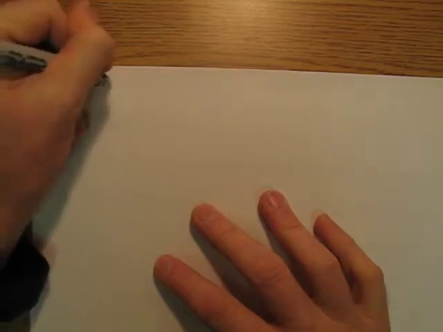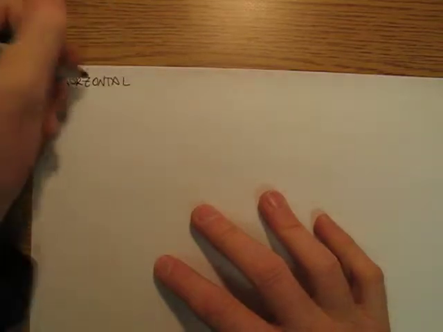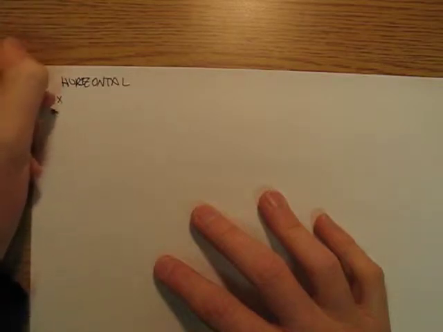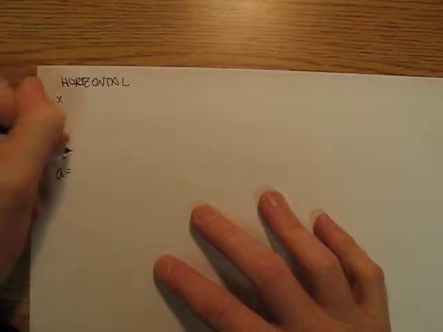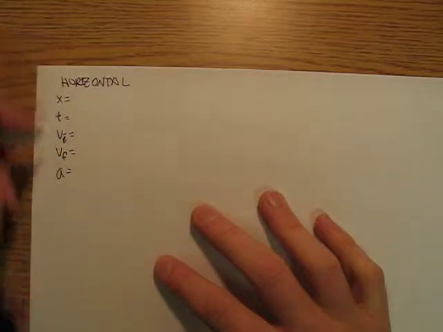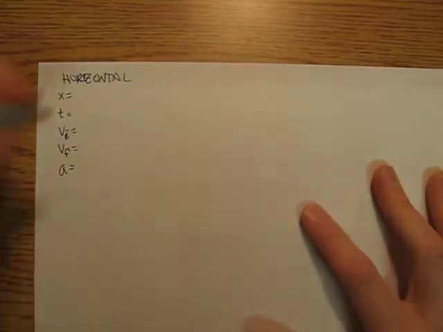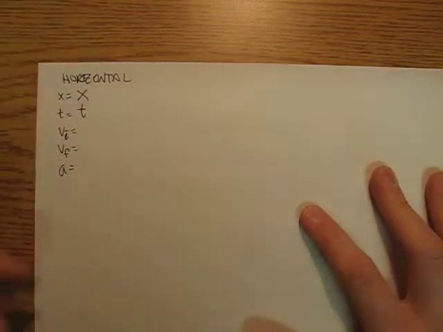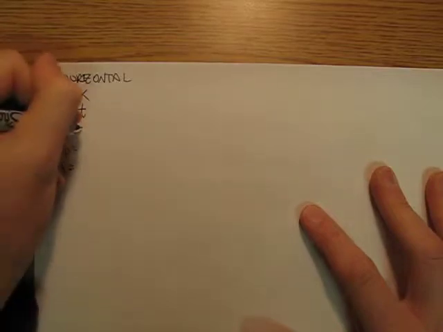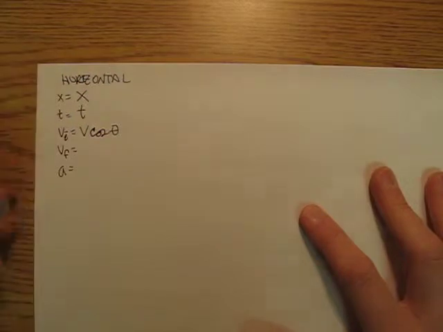We're going to have a horizontal problem. It's going to travel some horizontal distance x for some time t, and its initial velocity from my previous sheet was v cosine theta.